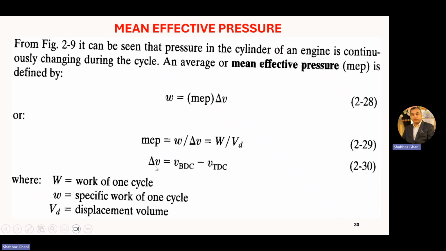Delta v is the specific volume at BDC minus the specific volume at TDC. W is the specific work for one cycle, and V_D is the displacement.